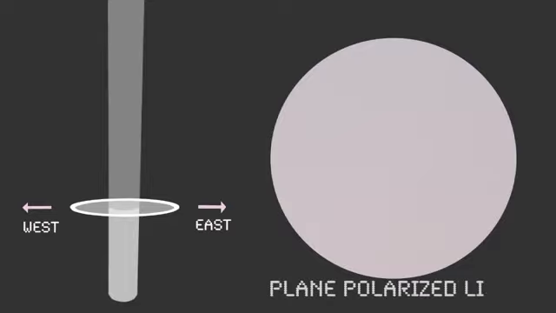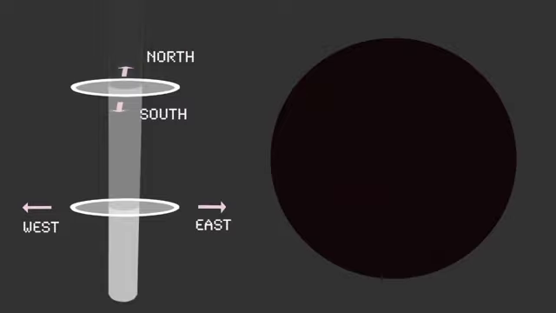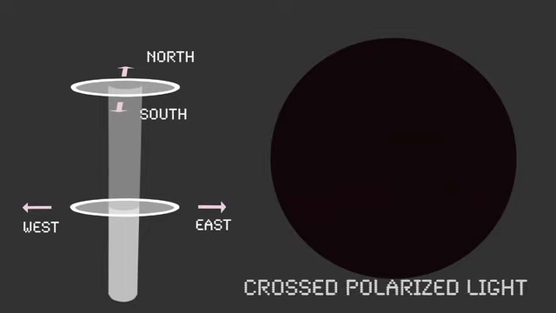This is called plane polarized light. The upper polarizer, which is called the analyzer, typically has planes running north to south, back to front. When you insert the upper polarizer, no light is able to reach your eyes. You see black, which is called crossed polarized light.